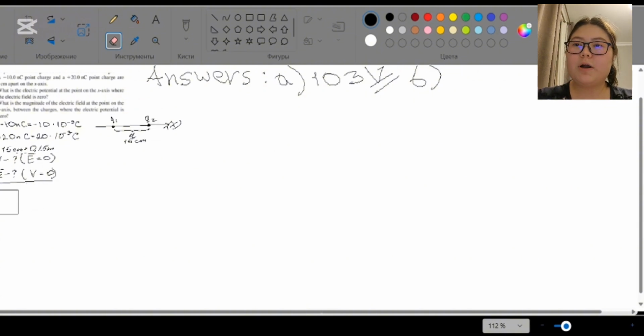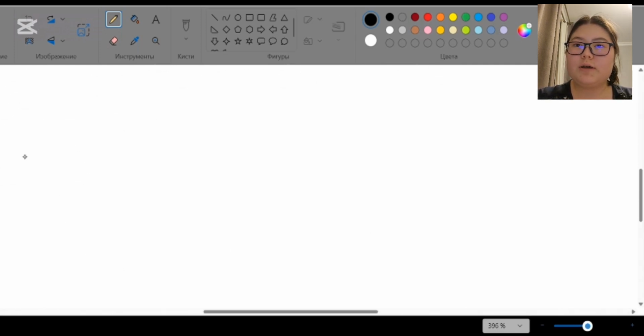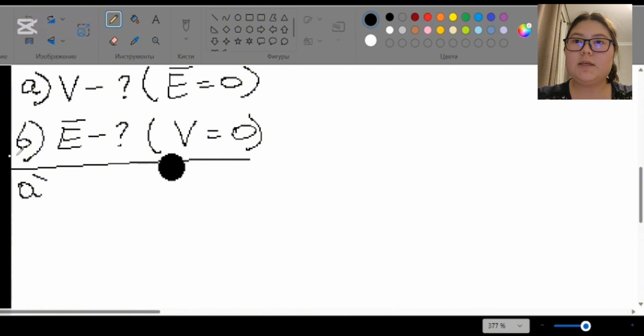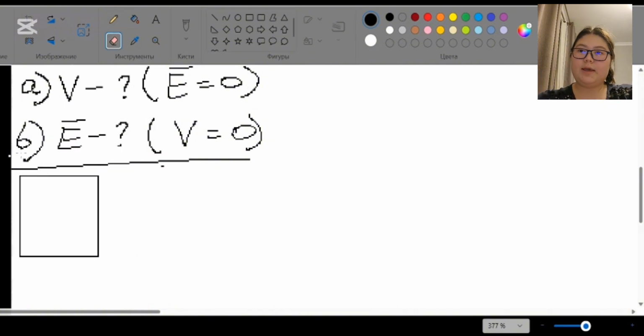Now for part B, we have to find the electric field where the electric potential is equal to 0.